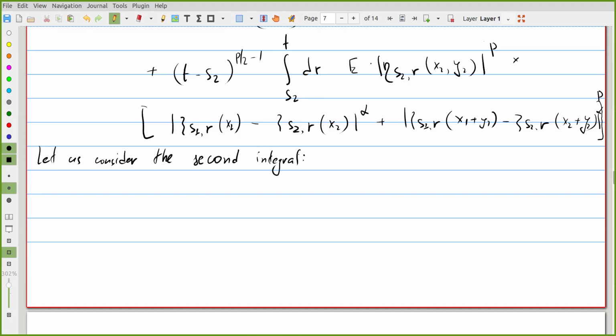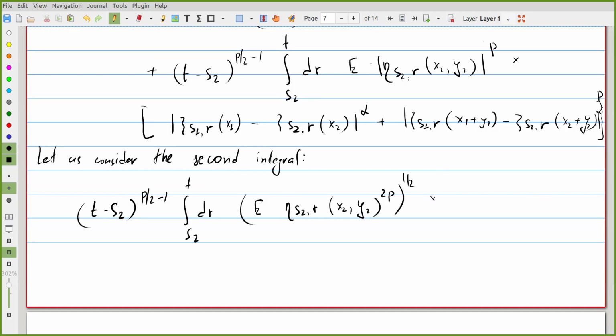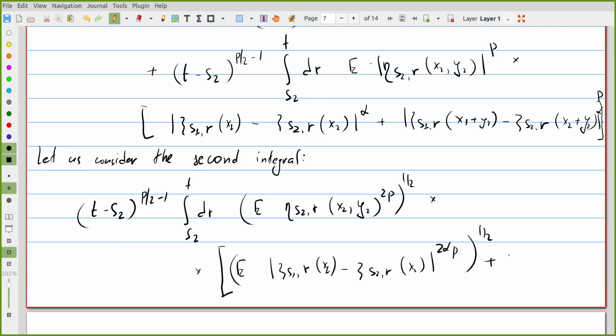So let us use the Cauchy inequality inside of this integral dr. So it's going to be 2p to the 1/2 times the mathematical expectation of psi 1 r x1 minus psi s2 r x2 to the power 2 alpha p, to the 1/2, plus a similar term for this part.